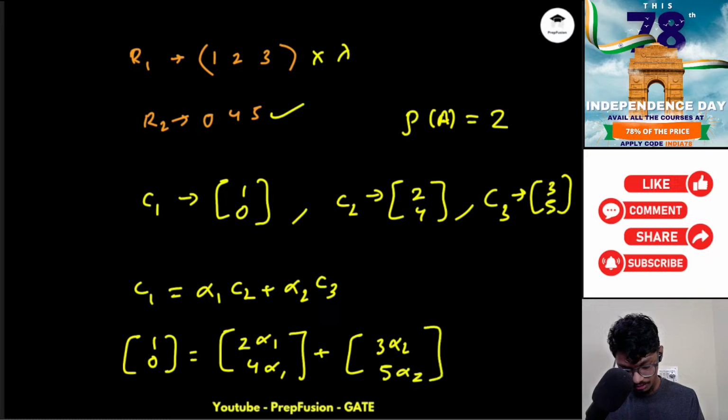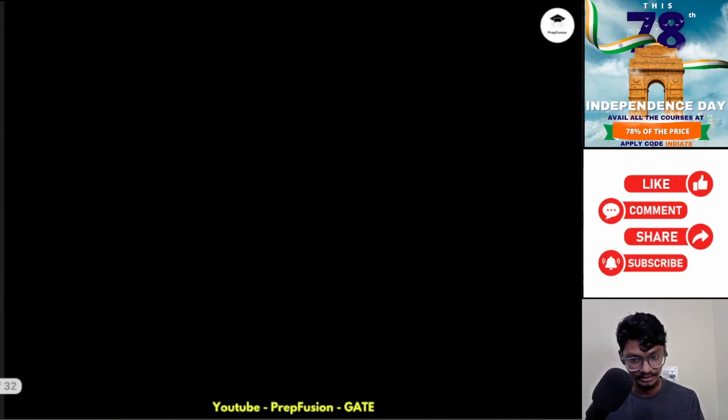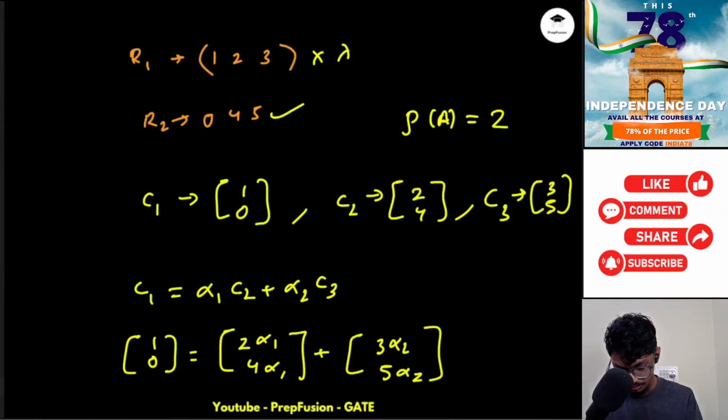Now I can form two equations to find out alpha 1 and alpha 2. The first element of this column should always be equal to 1.